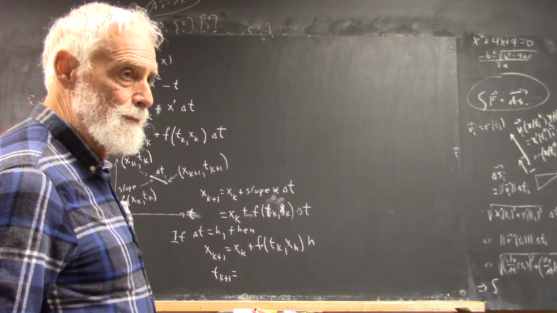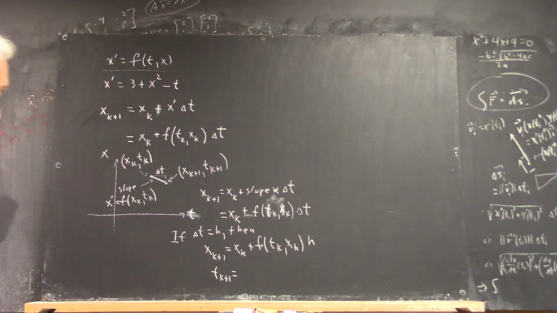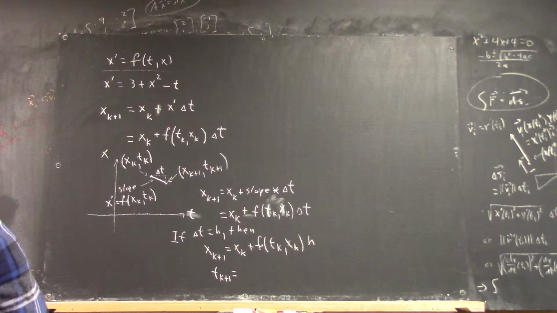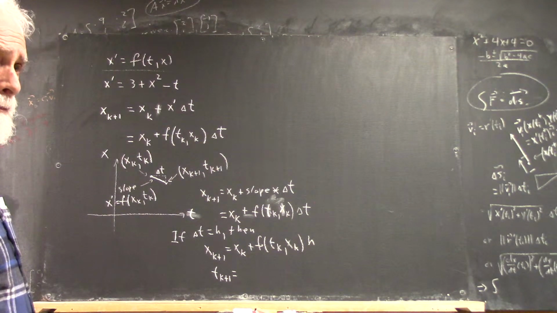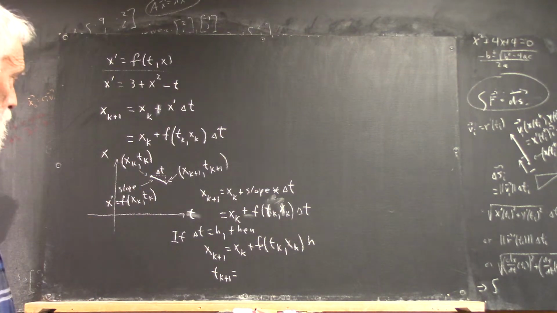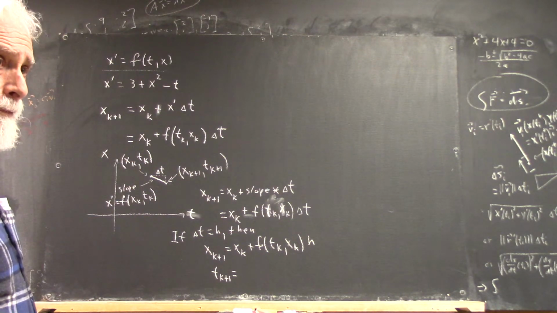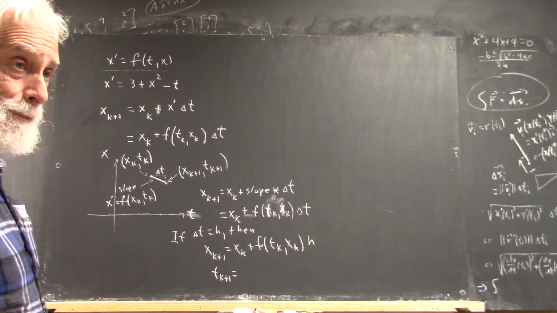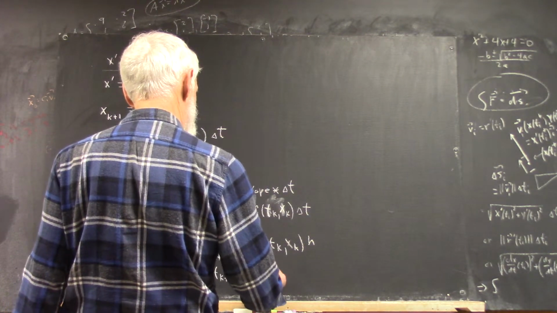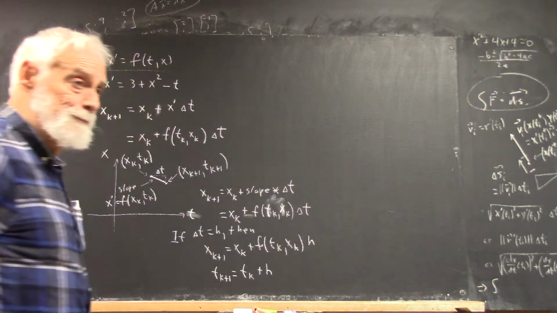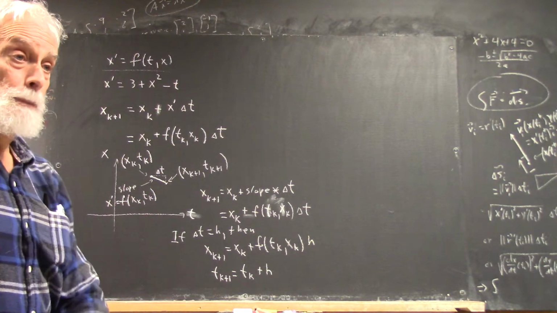Tk plus 1 has no dependence on slope. Let's picture, how much did t change? Delta t, which is now h. So it's t sub k plus h. There it is. That's the whole Euler scheme.